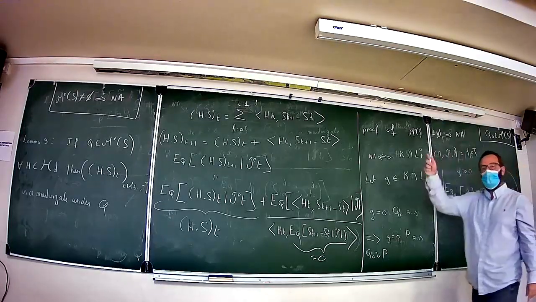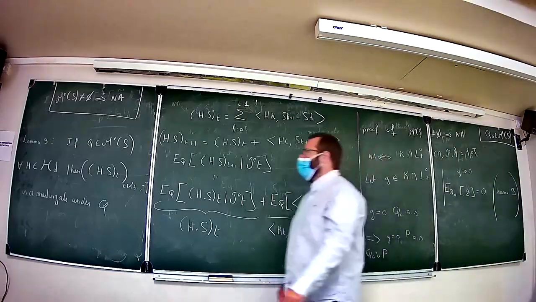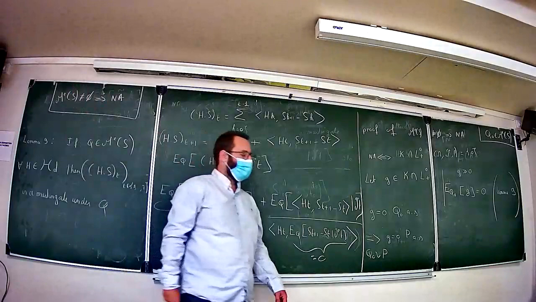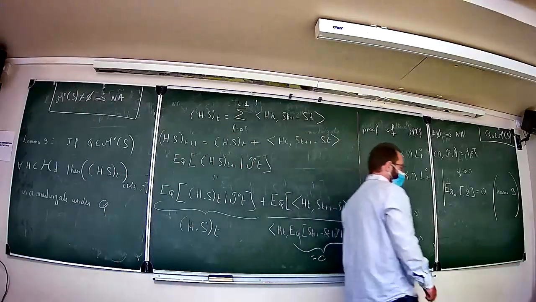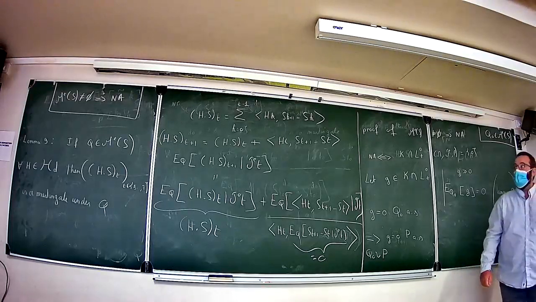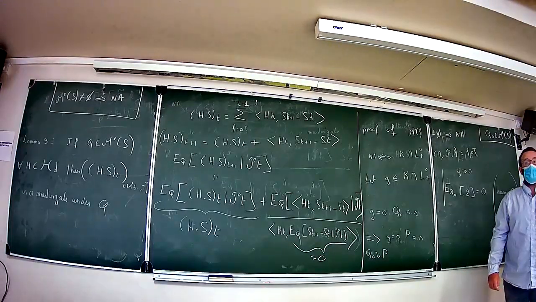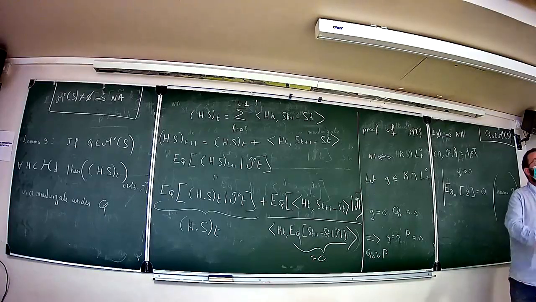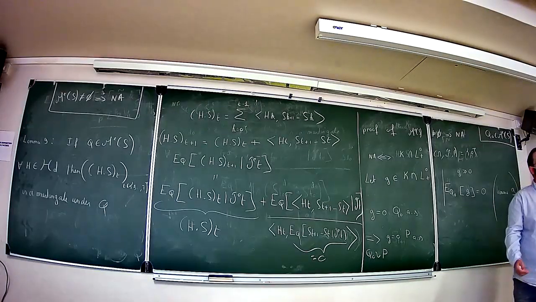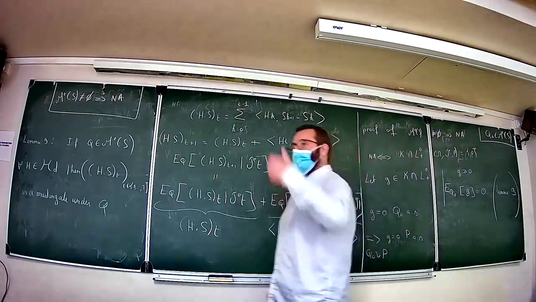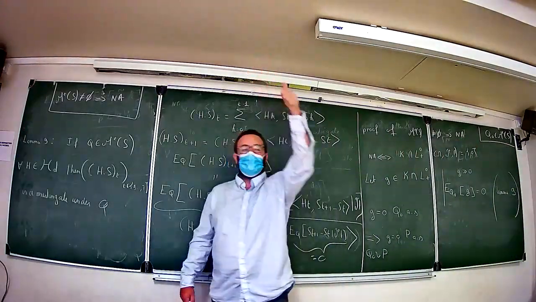Because in what follows, the prices of the contingent claims we are going to deal with will be conditional expectations of the payoff with respect to an equivalent martingale measure. And if I want to have a kind of uniqueness of the price, I need the set of the equivalent martingale measures to be reduced to one element. Okay?